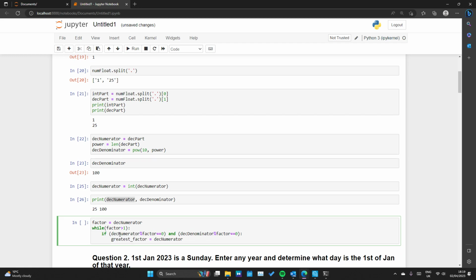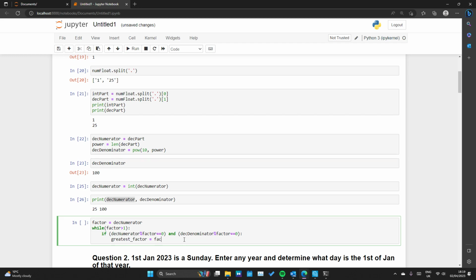So we are dividing numerator and denominator both by factor, and if in both cases the remainder is 0, because we are choosing the higher number and going backwards, okay, so the first case when this happens, when the numerator and denominator both are divided by factor and the remainder is 0 in both the cases, then we know that we have gotten the greatest common factor.